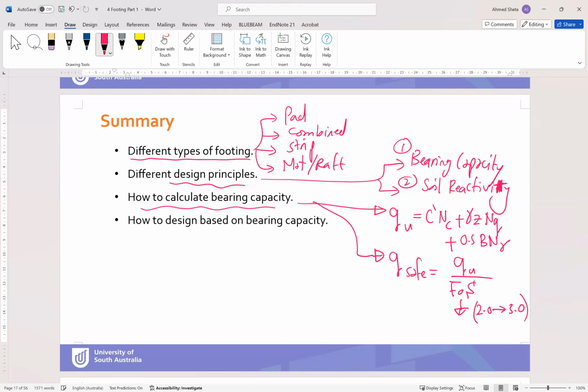Okay. And also we know how to design based on bearing capacity with a trial and error process. We design based on a set of dimensions, and then we check whether it's safe or not. If it's safe, we finalize the design. If not, we repeat with different dimensions.